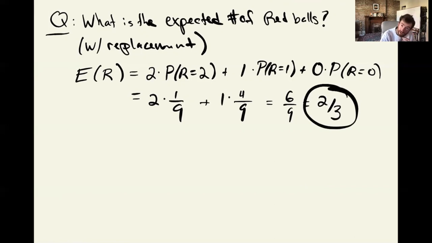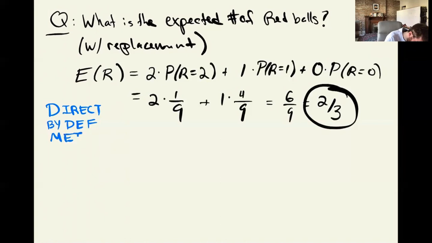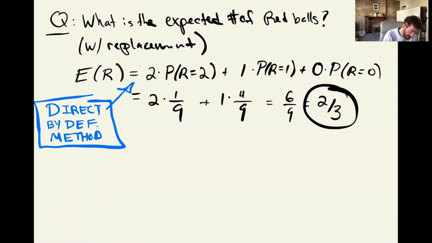Now I want to show you another way in which we could have computed that. So this is the direct method, by definition. Let's consider a slightly different method.